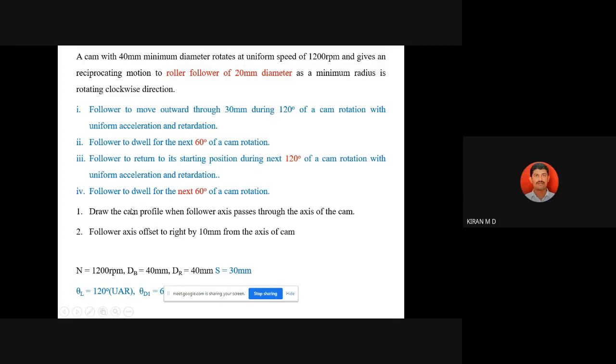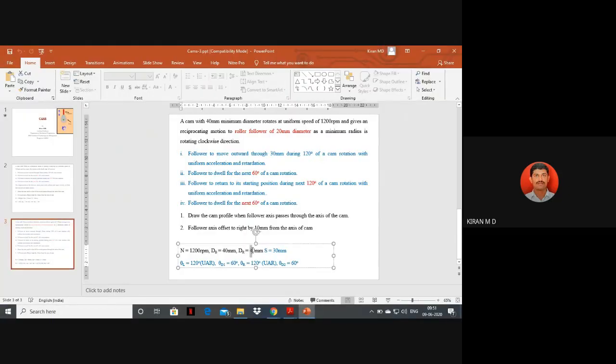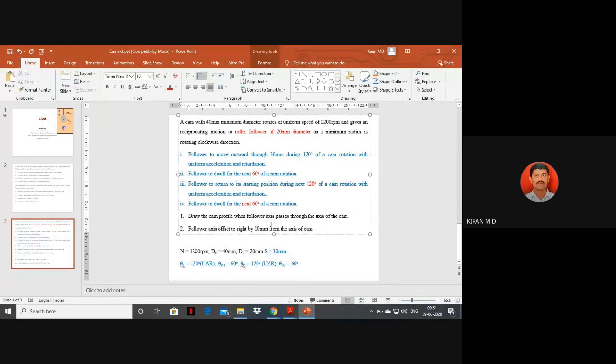So to solve this problem, we need to note down the data. Speed is 1200 rpm, base diameter of cam 40 mm, diameter of roller is 20 mm, and stroke length is 30 mm.